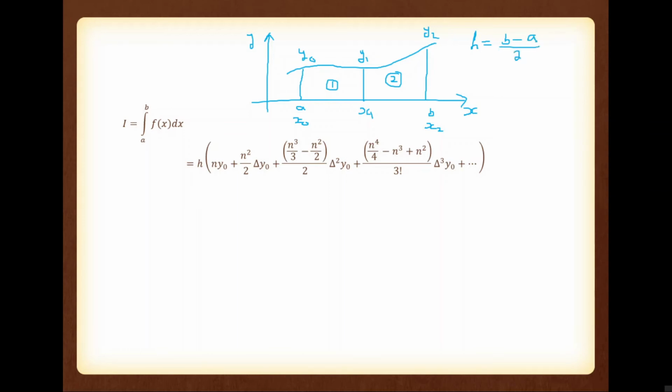If you are applying Simpson's one-third rule, the simple one, not the composite Simpson's one-third rule, then h is equal to b minus a by 2. There is no need to do this; we can simply find h by using the adjacent data, that is x1 minus x0 or x2 minus x1. But in the general case, theoretically for Simpson's one-third rule, h is equal to b minus a divided by 2. I am not confusing you now.